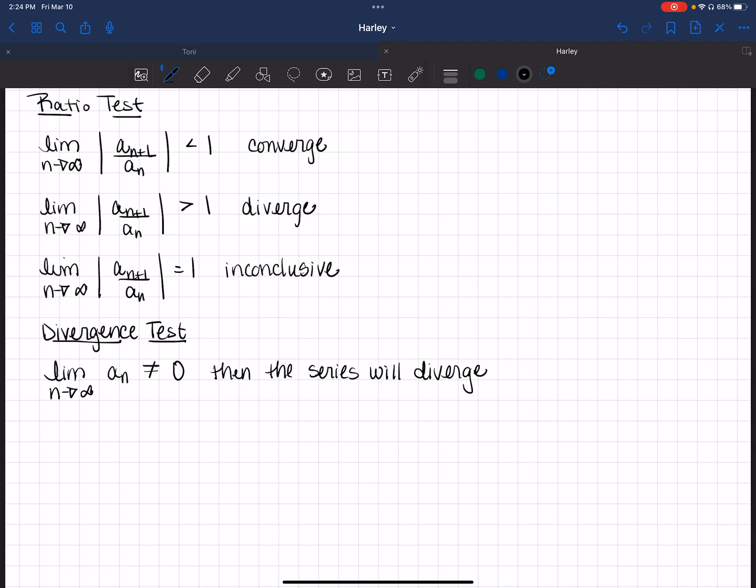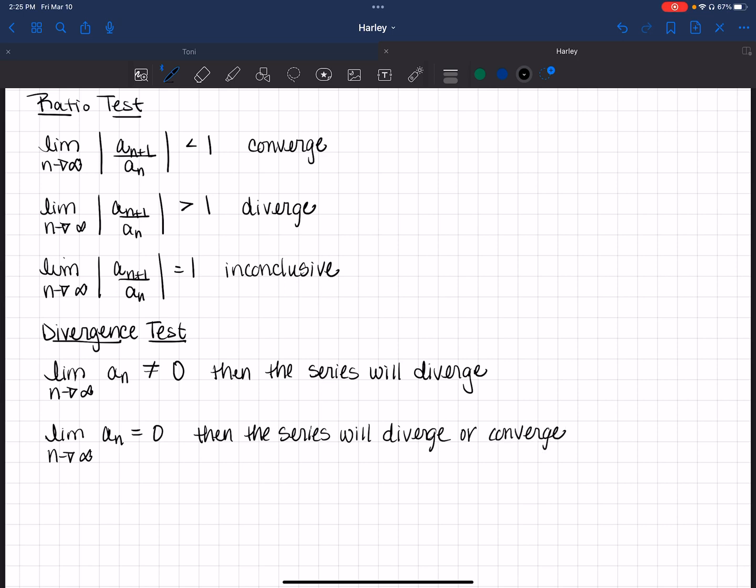But anyway, the other part of the divergence test: let's see if the limit as n approaches infinity of a sub n actually equals 0. Does that mean it will converge? Nope, it does not. What that means is it's pretty much inconclusive. We say then the series will diverge or converge.